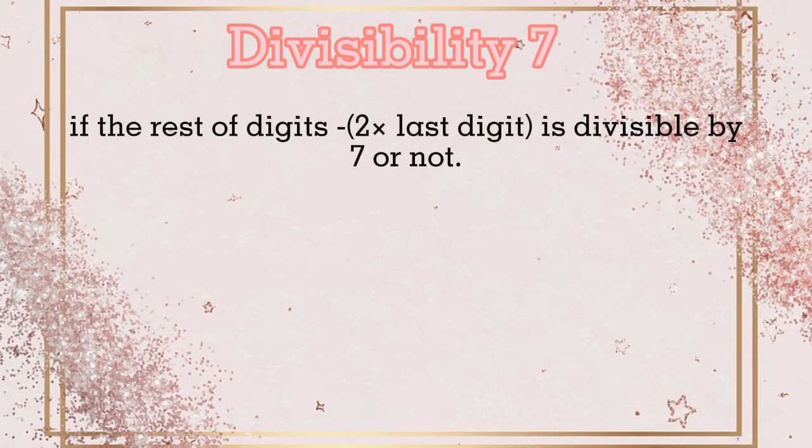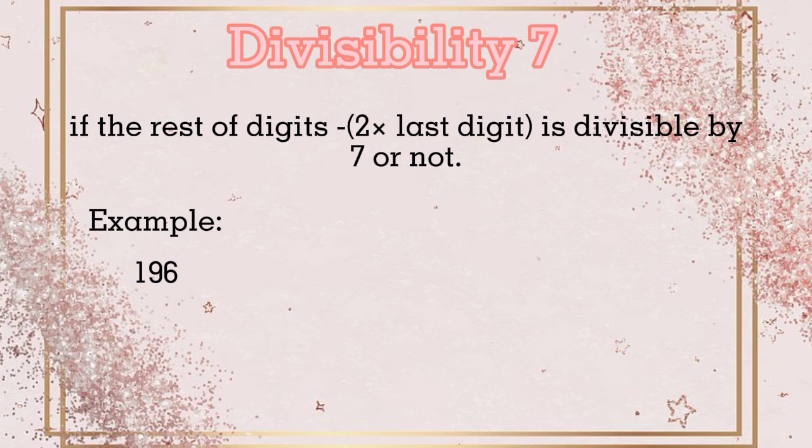Now, next is divisibility by 7. To check if the number is divisible by 7, we will check if the rest of the digits minus the quantity of 2 times the last digit is divisible by 7 or not. For example, 196.